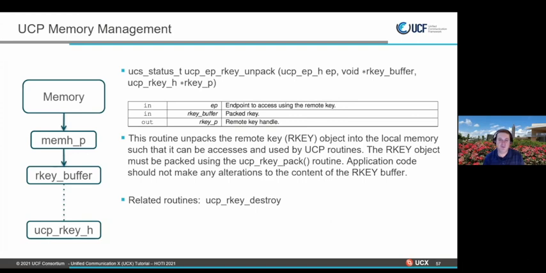The other function was Ucp key pack, which didn't really specify an endpoint as an input parameter. Here we're specifying not the local context or the local memory buffer, but which endpoint this key is mapped to on a remote node. That's the input we need in order to connect these two memory buffer regions and be able to do RMA access between them. Again, this has its own related function, Ucp key destroy.